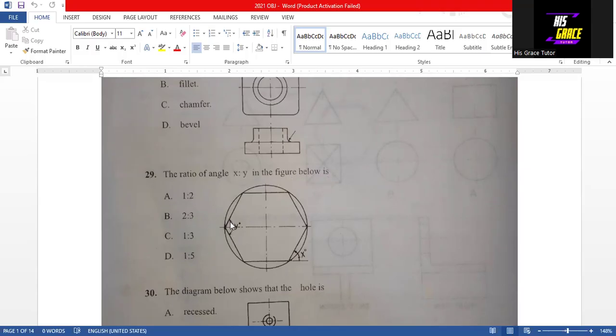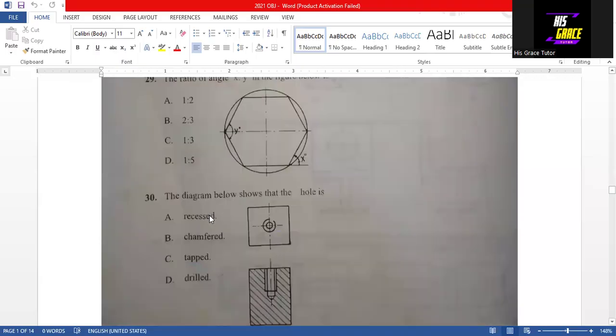So this angle is 120 and this angle will be 60. This angle inside this polygon at this point is 120, and if that is 120, this angle will be 60 because the sum of angles on a straight line is 180 degrees. So 60:120 will give us 1:2, as you know from mathematics.